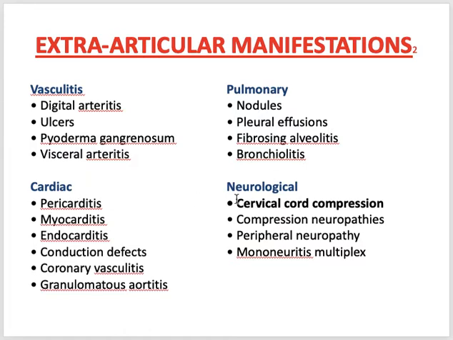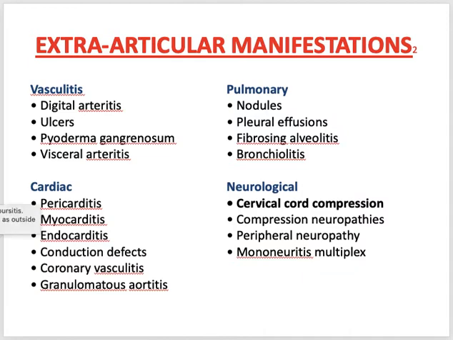These are pulmonary, and these are neurological. But remember, it doesn't occur in all the patients. It occurs in some percentage of the patients. Keep this in mind. So these are the extraarticular manifestations.